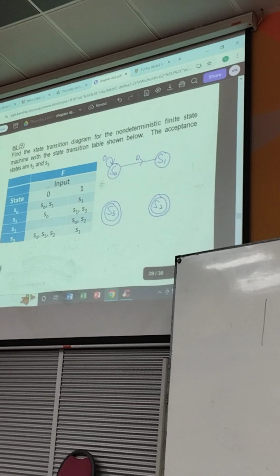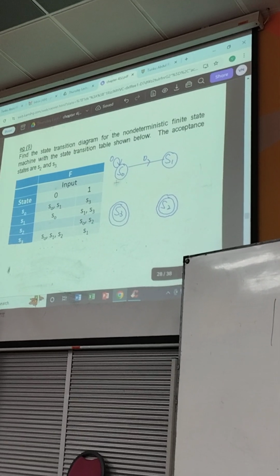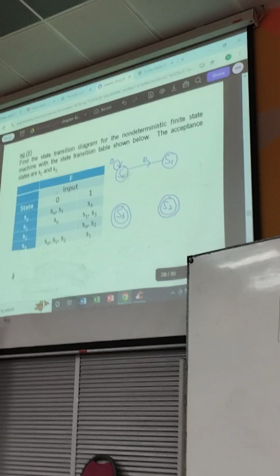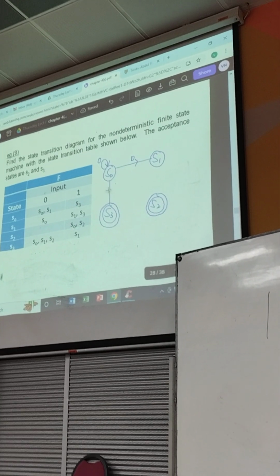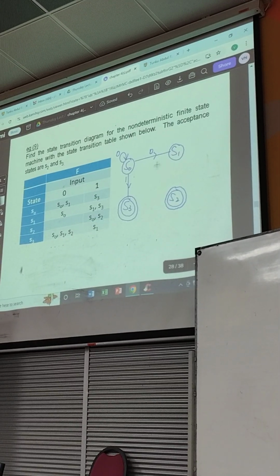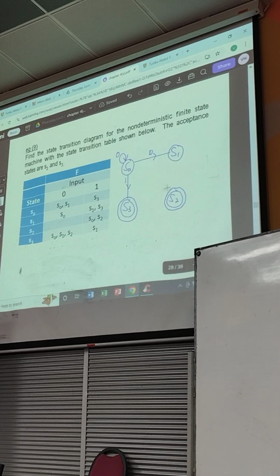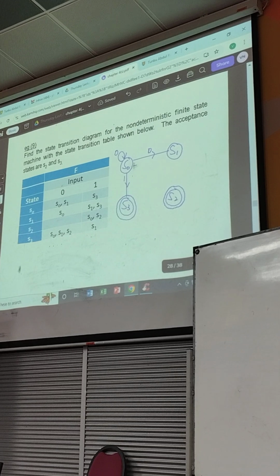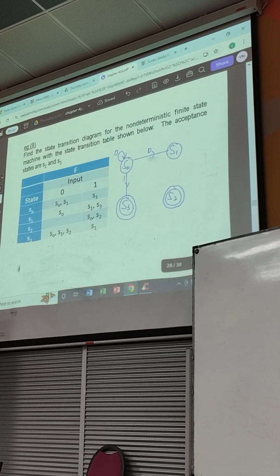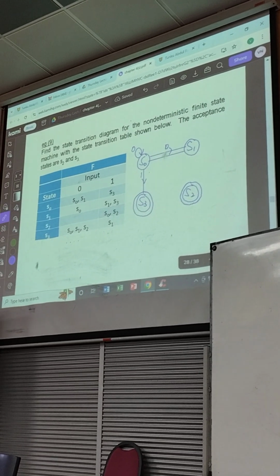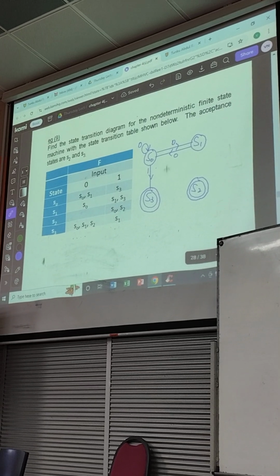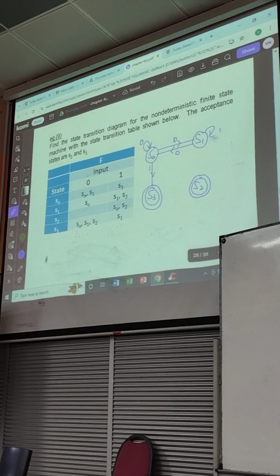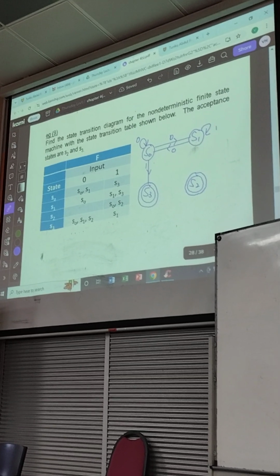Then for S0, input 1 goes to S3. S1, after input 0 goes to S0. And after input 1, S1 will go to S1 and S3.